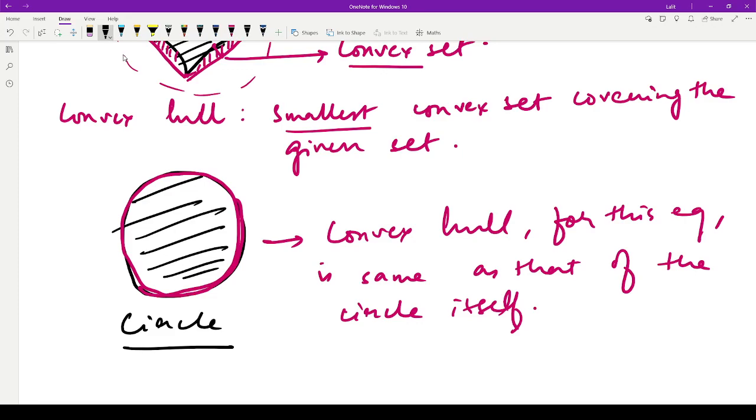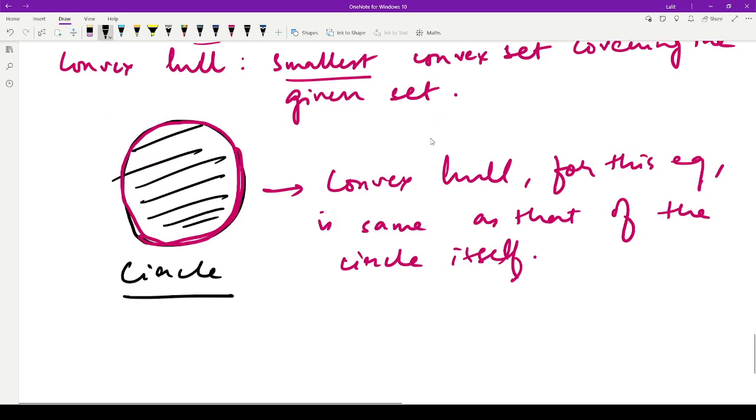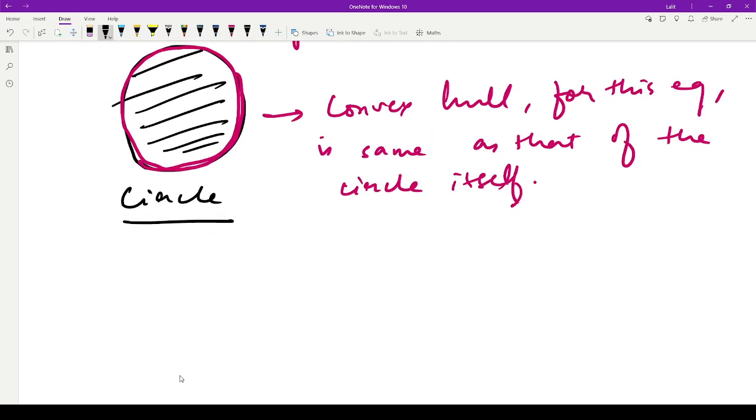Okay, so enough of convex and convex hull. The idea is that we use it for boundary segmentation.